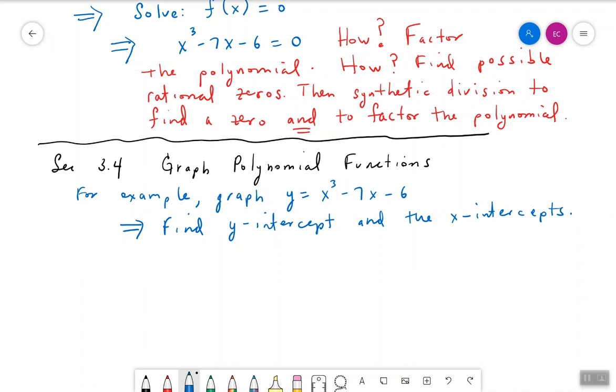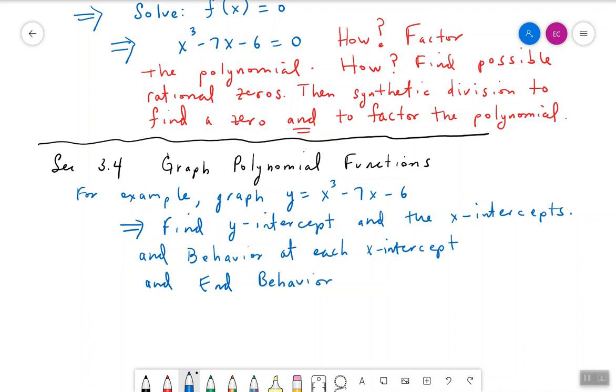So find the y-intercept, find the x-intercepts, describe the behavior at each of the x-intercepts, and the end behavior. So let's see here. Let's number these off.